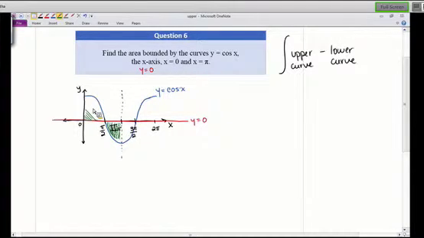Well, the first shaded region is the area bounded by the curve y is equal to cosine x, which I'm highlighting in blue, and the x-axis. So that area is what's here. Is that clear?